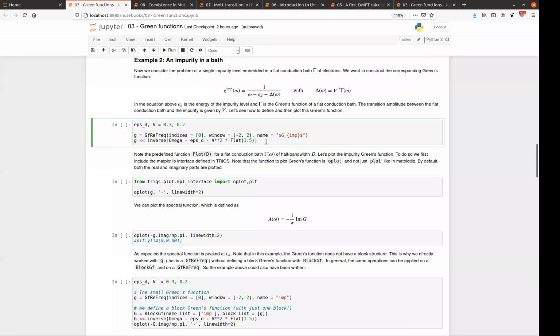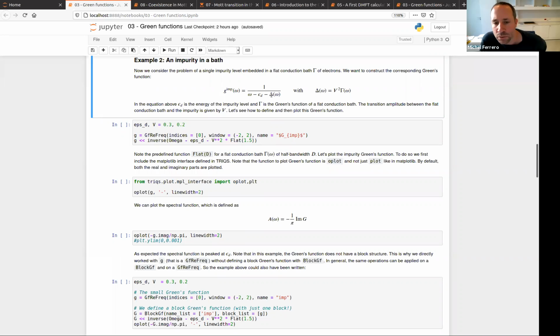Right. But the expression actually has a summation over all the states, right? So the actual expression would be something like 1 over omega minus epsilon d minus some summation over k, which is the self energy term, right?